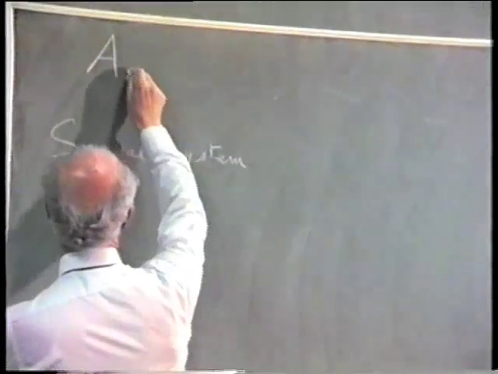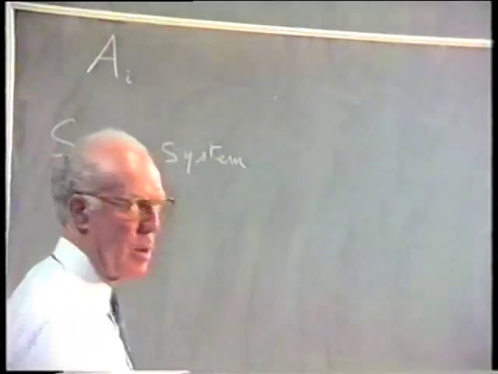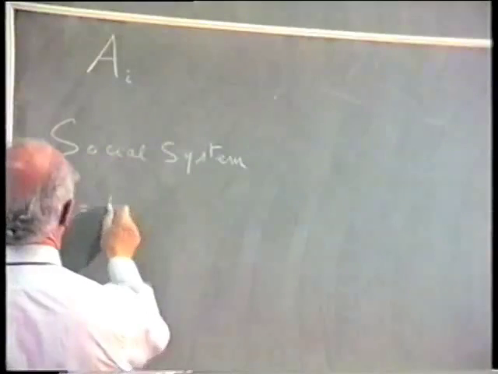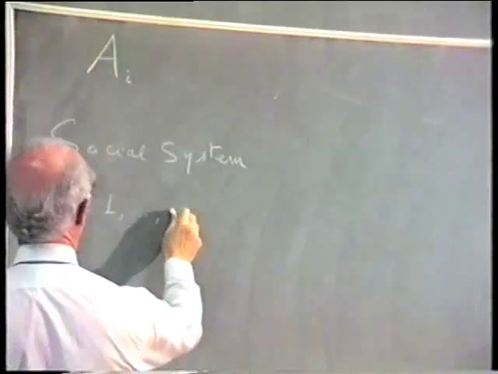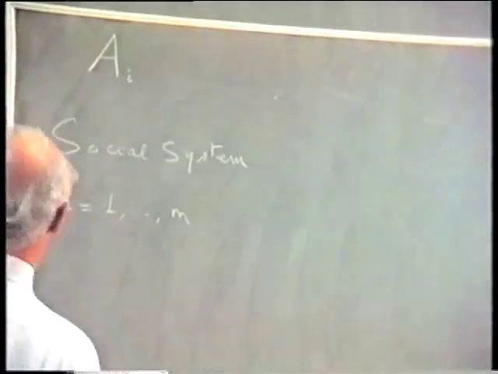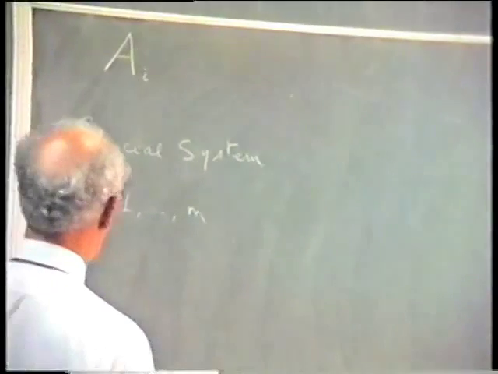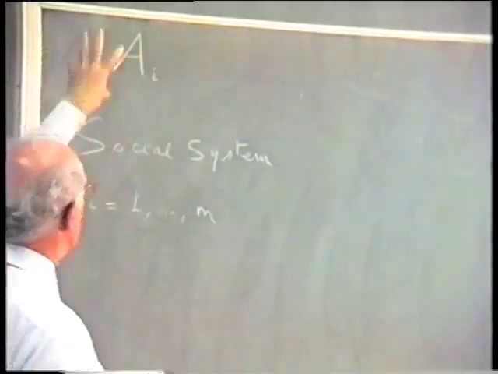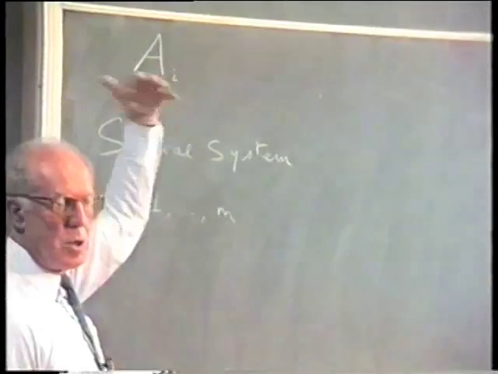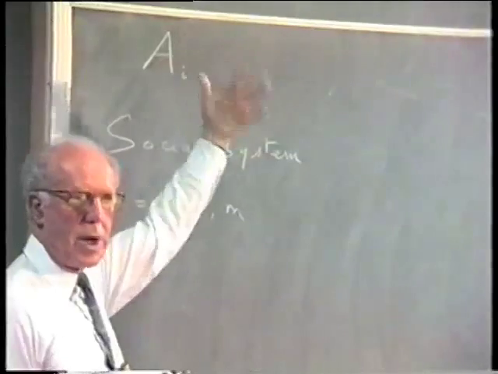It is also a generalization of the concept of a game. We assume that we have a number of agents in the social system, let us say M of them. The notation, of course, is quite different from what you have seen before, and each one of them has an a priori given set of possible actions. In the case of a game, it would be the set of strategies.